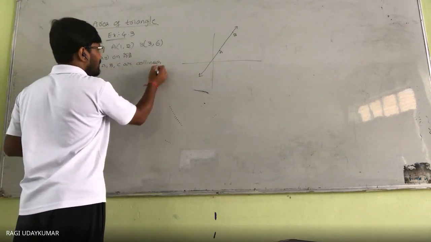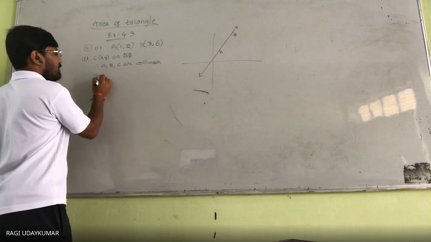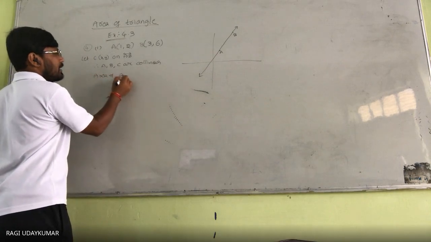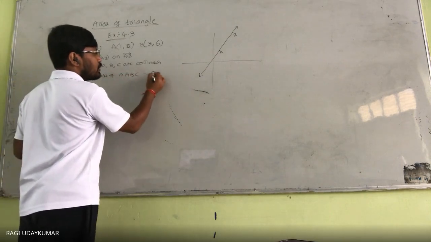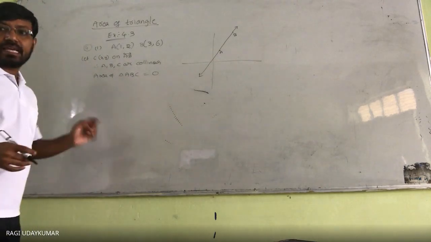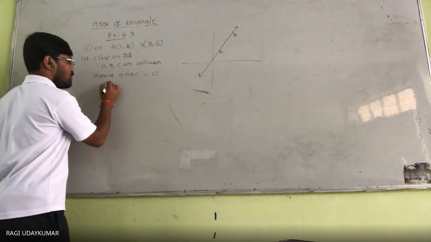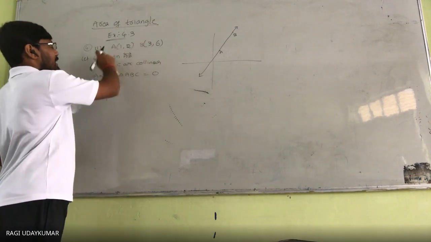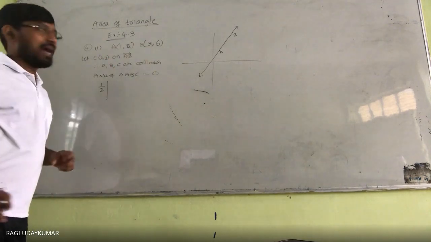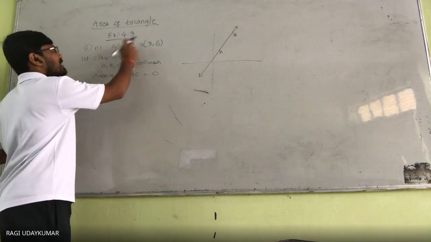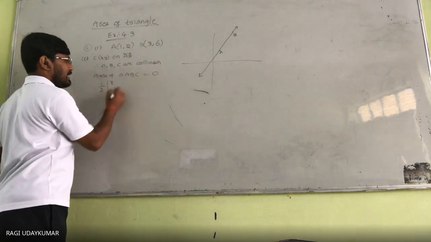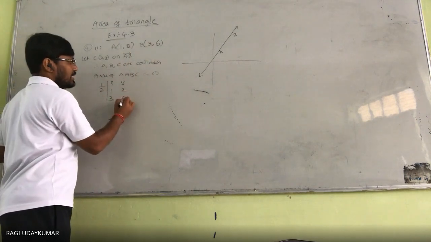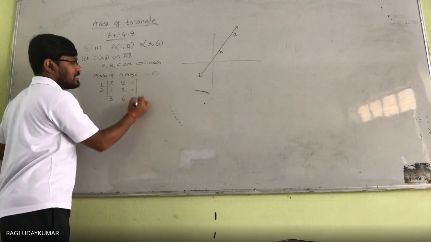So if they are collinear, the area of triangle ABC is equal to 0. Area of the triangle formula, what you will get? 1 by 2 into 3 points are there now: x, y, 1; 1, 2, 1; 3, 6, 1 is equal to 0.